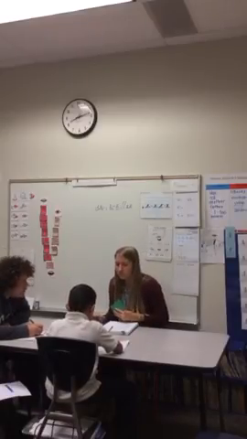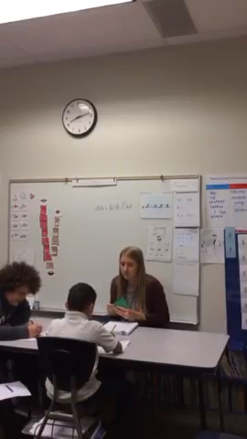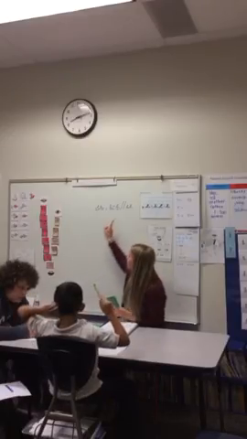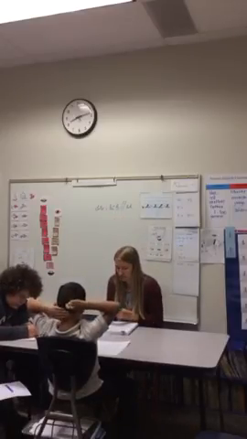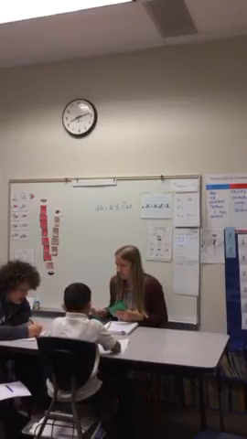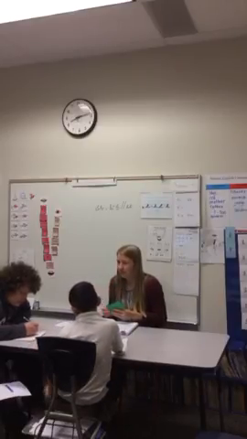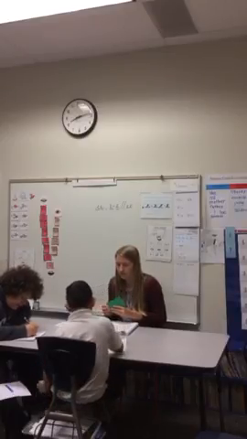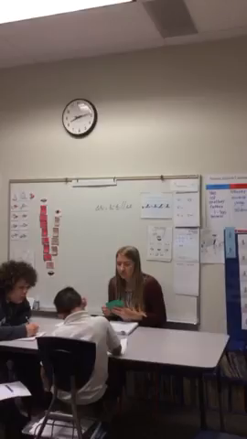E, E, comma, E consonant E, comma, final... No, no, right here, Jacob. U, U consonant E. I, I, V. Digraph TH. Don't erase, just cross it out.